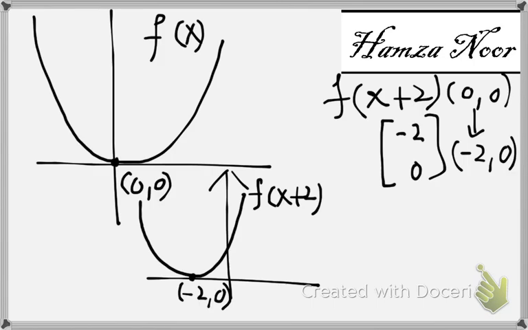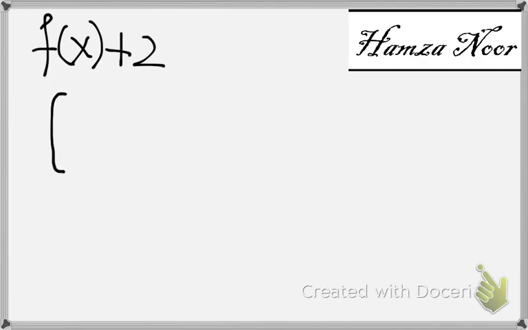In the second part of our example, if we are asked f(x) + 2, where 2 is added after the function, this means a vertical translation of 2, which means you need to translate this function by the vector (0, 2).